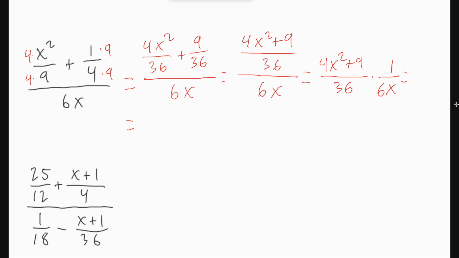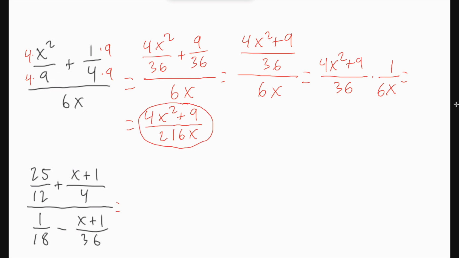So now that's going to give us 4x squared plus 9, because it's times 1, so anything times 1 is itself, and 36 times 6x is 216x. And since there are no common factors out of 4 or 9, that's as simplified as we can get this.